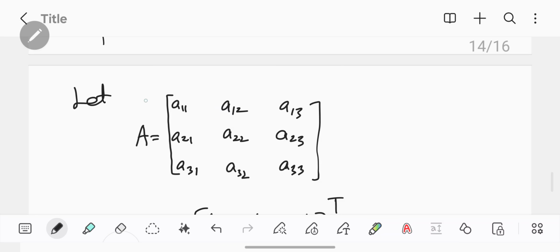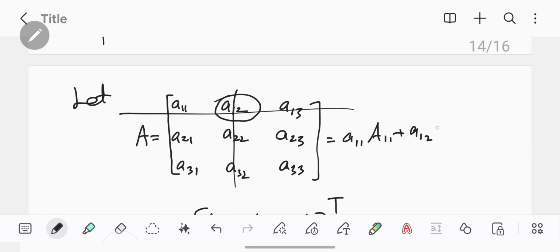If I expand the determinant along this row, I will have A11 and the cofactor determined by this entry, which will be A11. Similarly, I will have this number A12 and the cofactor determined by this number, which is A12.